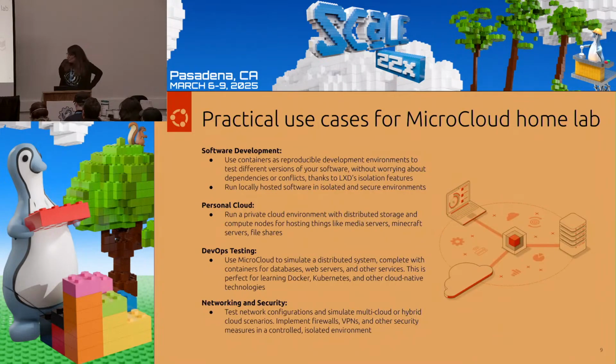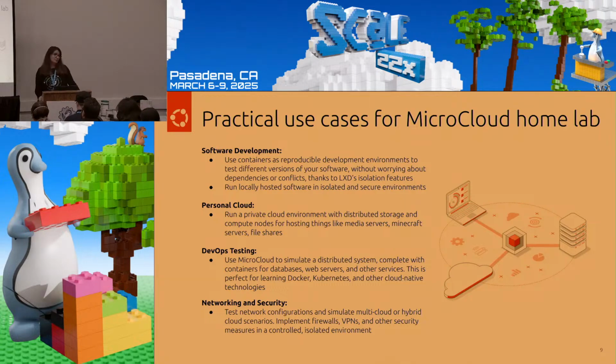So what are some of the practical use cases that you could use MicroCloud for in a home lab setting? Well, you can use it for software development. Of course, you can use system containers as reproducible development environments where you can test different versions of your software or run locally hosted software in an isolated and secure manner.